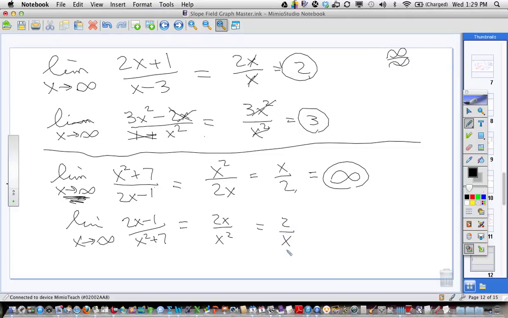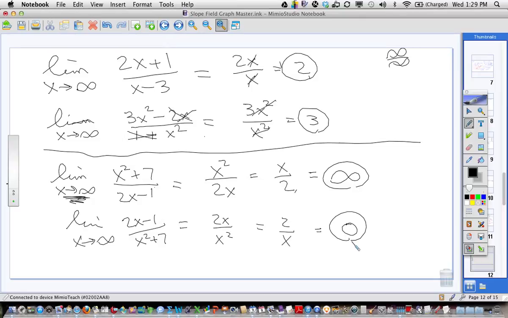So now as x gets really big, this is 2 divided by a really big number. What's 2 divided by a really big number? Really small number, right? 2 divided by a billion. Infinitely small, in other words, getting close to 0. It'd be 0.00000 something.